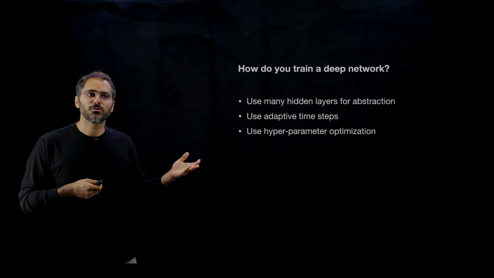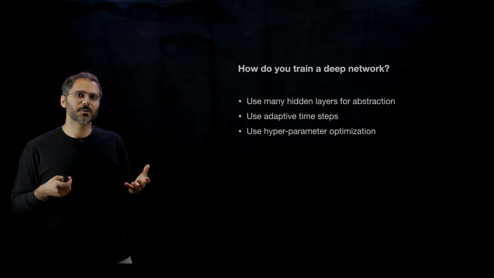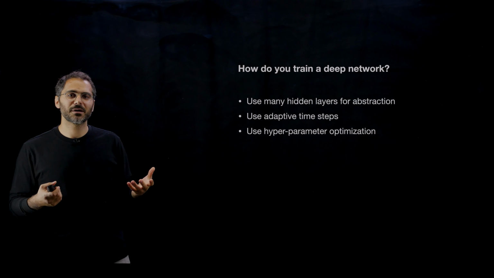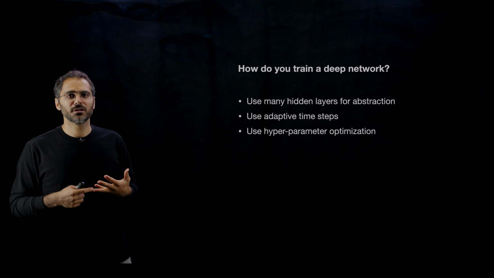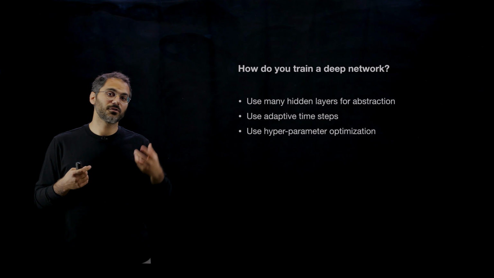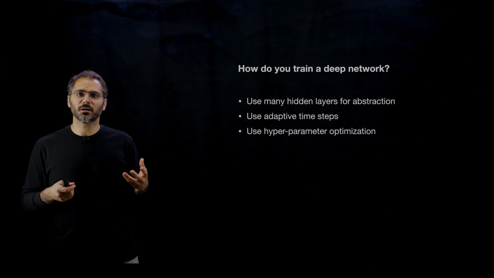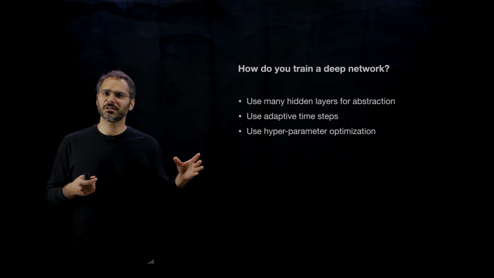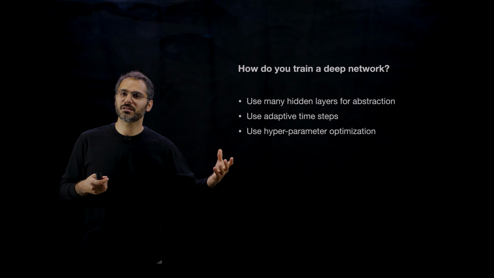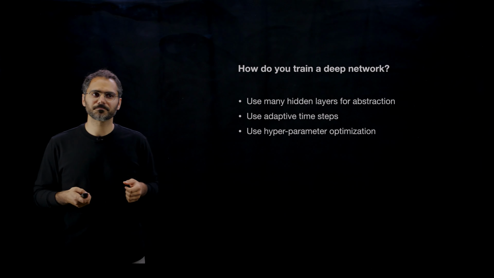And finally, you want to use some sort of hyperparameter optimization in neural networks because there are a lot of hyperparameters. One of the biggest hyperparameters is the number of layers. Then there is the dimension of the layers. And there are, for example, different choices of the activation function. These alone have so many combinations that are not part of your stochastic gradient descent, but that are things you want to optimize over. You want to find the best network that solves your problem.